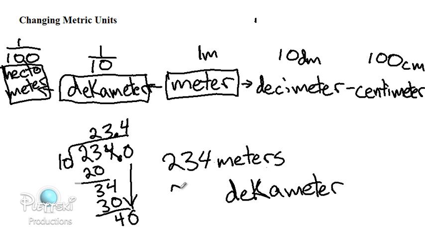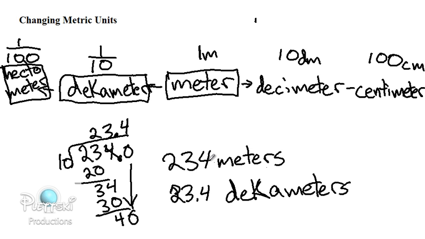So 23.4 decameters equals 234 meters. Okay, that should make sense. Since a decameter is a longer unit of measurement, it would take less of them to make 234 meters, which is a smaller unit of measurement.